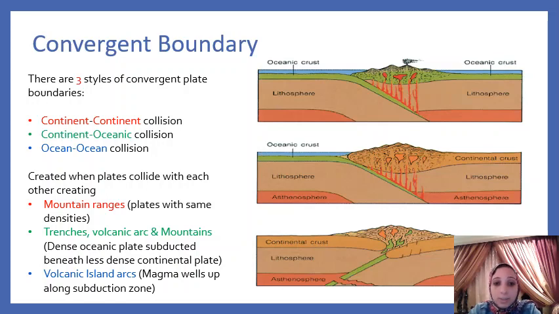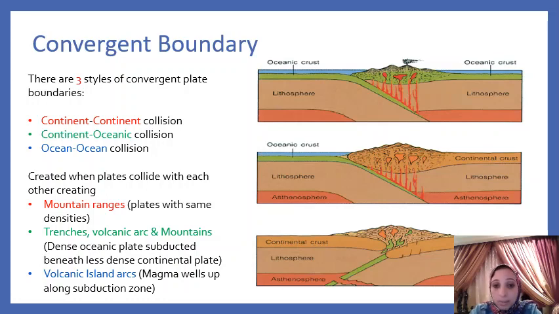The second example, ocean and continent crust collision, is in the same manner. A less dense crust meets a denser crust. The less dense one slides beneath the denser one, creating a pressure difference. Pressure becomes higher, magma moves upwards, and volcanoes may erupt.